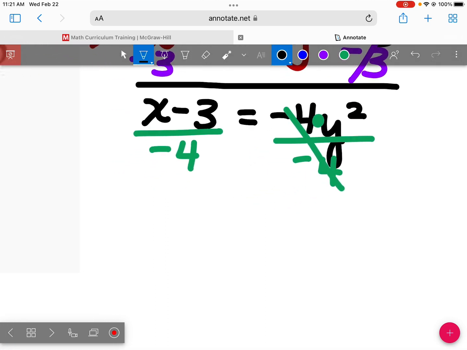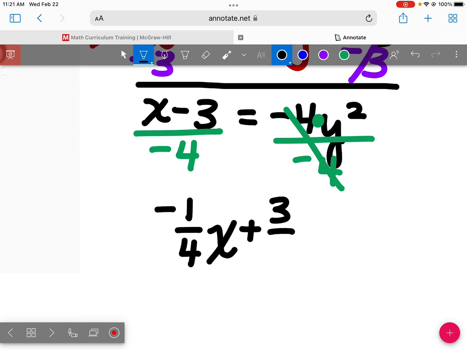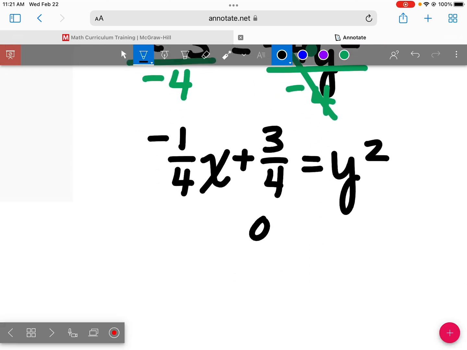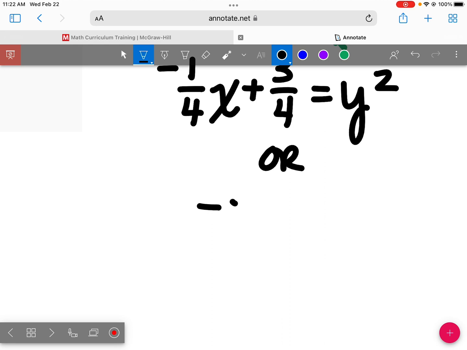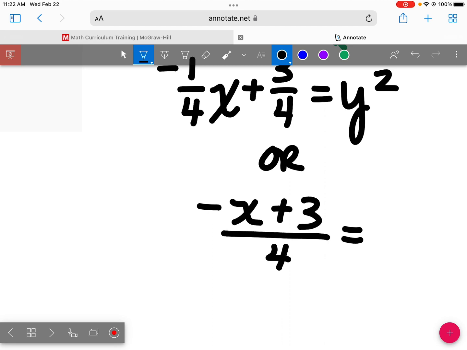So this would be negative 1 over 4x plus 3 over 4 equals y squared. Or you could write that as negative x plus 3 over 4 equals y squared.